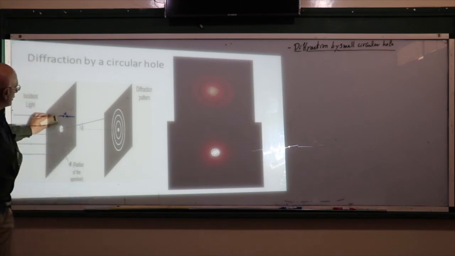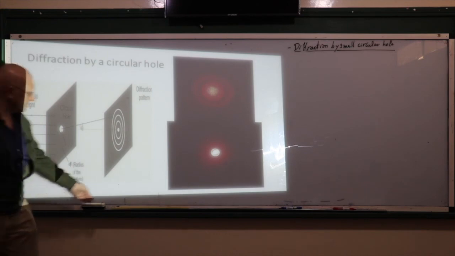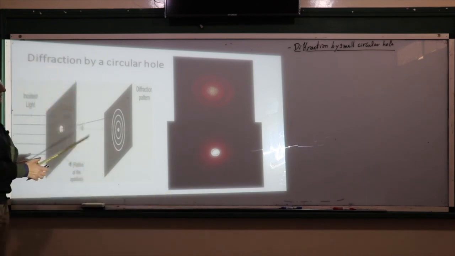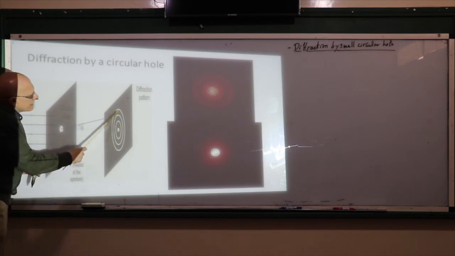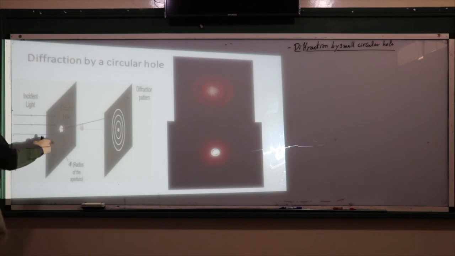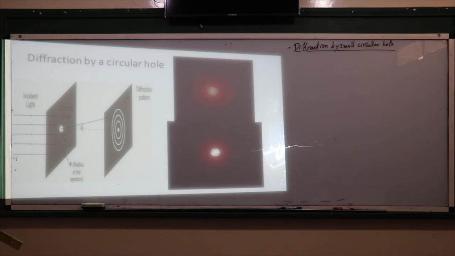So how to determine the position of the dark fringes in this case? Look at this figure. These are the dark fringes. And this is the hole that acts as a point because its diameter is less than 1 millimeter or of the order of 1 millimeter.